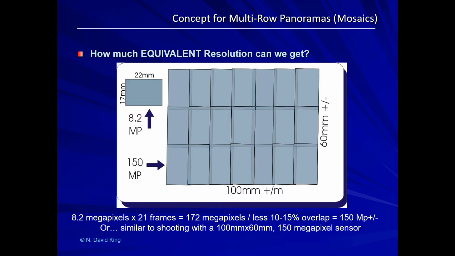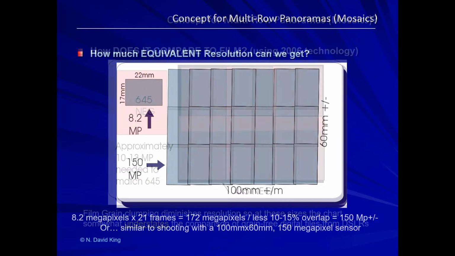That would be like shooting with a 150 megapixel sensor. Modernly, we've got sensors that will go to 50 and 60 megapixels. This would be like using a sensor 3 times that size. There's some real detail to be found here.